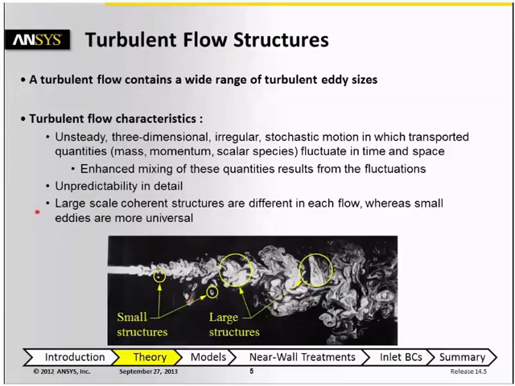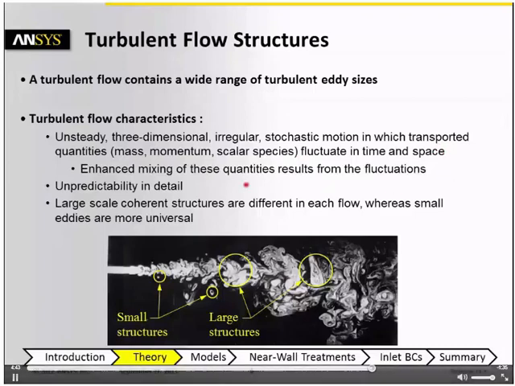The range of eddy sizes is important because the behavior of the largest scale eddies present in the flow is different from flow to flow, whereas below a certain size we expect that the behavior of the smaller eddies should be more universal in nature. Another important characteristic of turbulent flows is that the fluid motion is unsteady, three-dimensional, and irregular, and the quantities that are transported in the flow, whether mass, momentum, energy, species, or whatever is being transported, fluctuate in time and space.